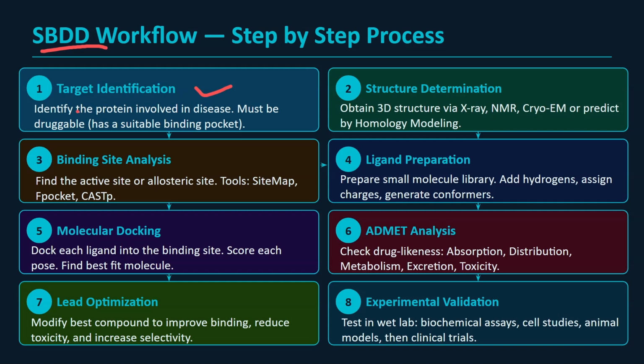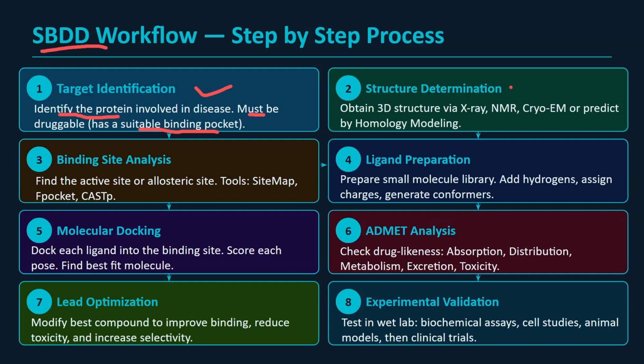In this step, first of all, we identify which protein is involved in the disease. The protein must be druggable, meaning it must have a suitable pocket where a drug can bind. So, in the target identification, we identify a protein with a suitable binding pocket.